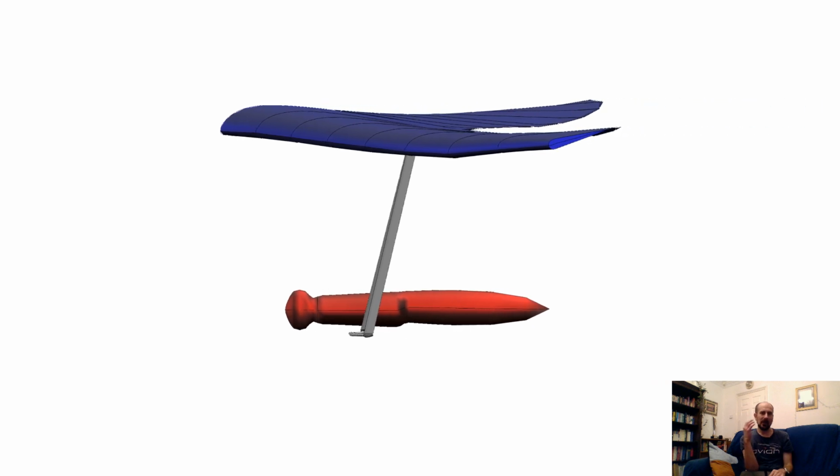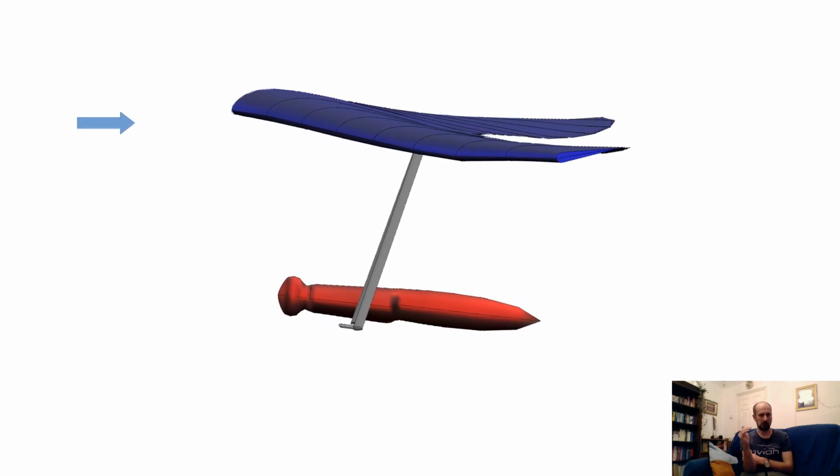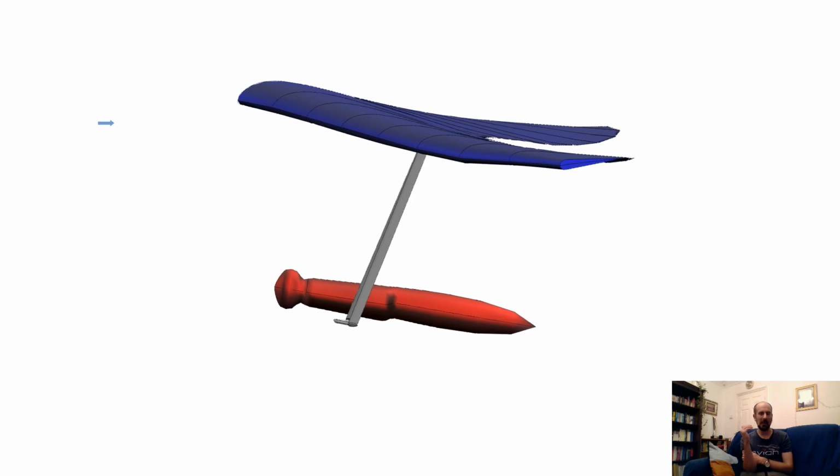Now there's a third possibility as well. In this possibility, let's say you are actually flying a safe glider, one that is pitch stable, it's got that static stability that we talked about in the previous videos, but in this situation it's flying extremely slowly, basically close to zero airspeed.